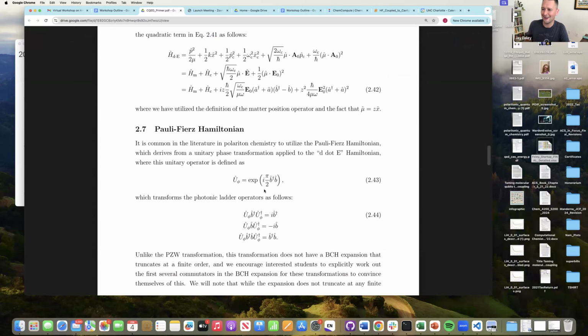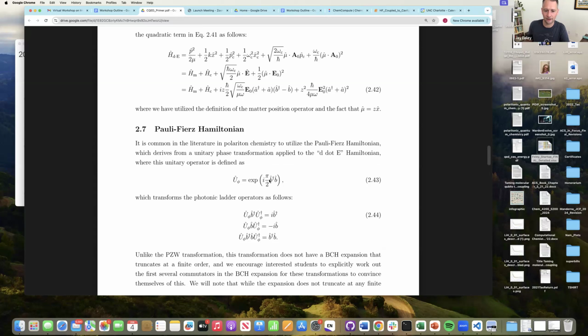It's a very funny transformation that, if you work out the commutators, they do not terminate. They go on forever, but it's a convergent series, and it ends up having the effect that when you apply this operator to the cavity raising and lowering operators, they pick up factors of i and minus i.